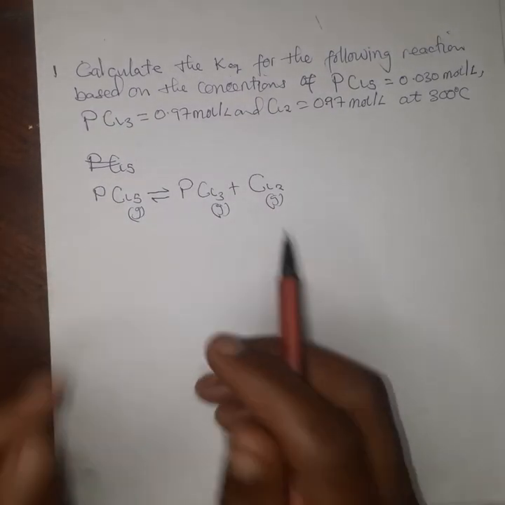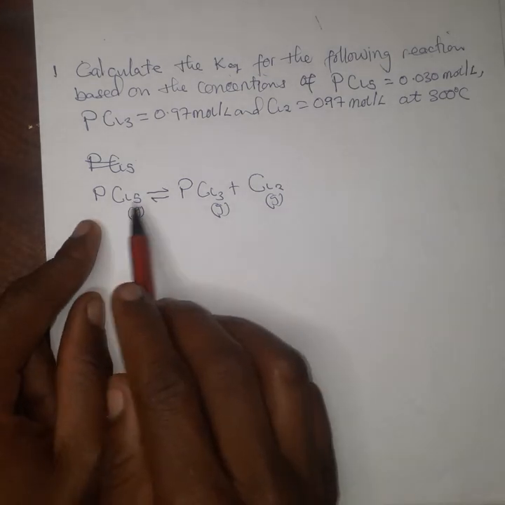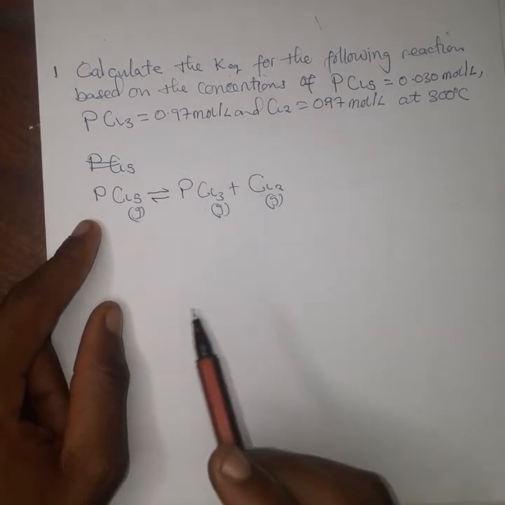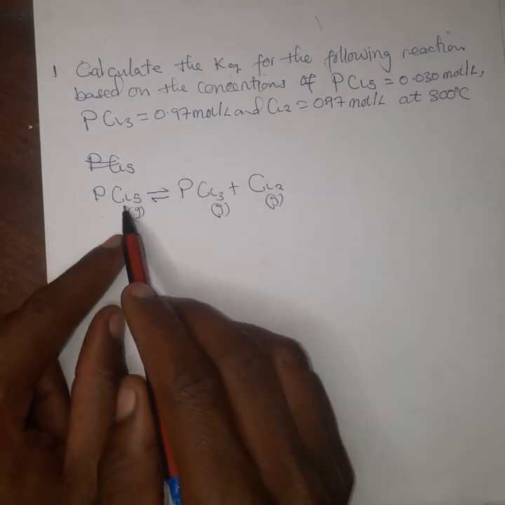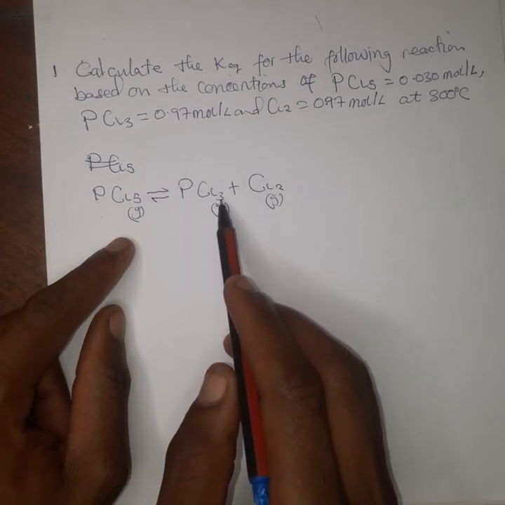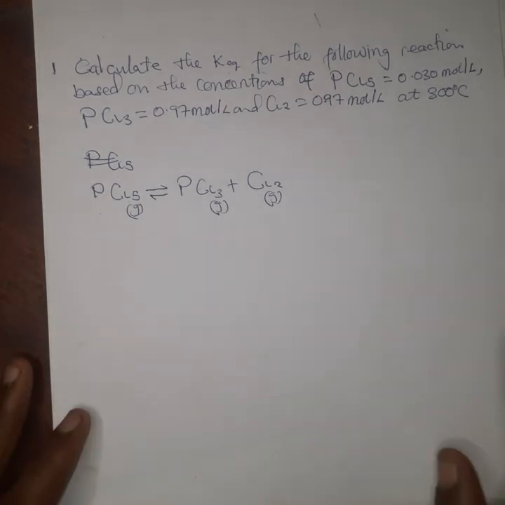Always, as I said earlier, to calculate the equilibrium constant or come up with the equilibrium expression, you need to balance the chemical equation. This one is already balanced: we have one phosphorus, and 5 chlorine, also 3 plus 2, 5 chlorine. So it's balanced.